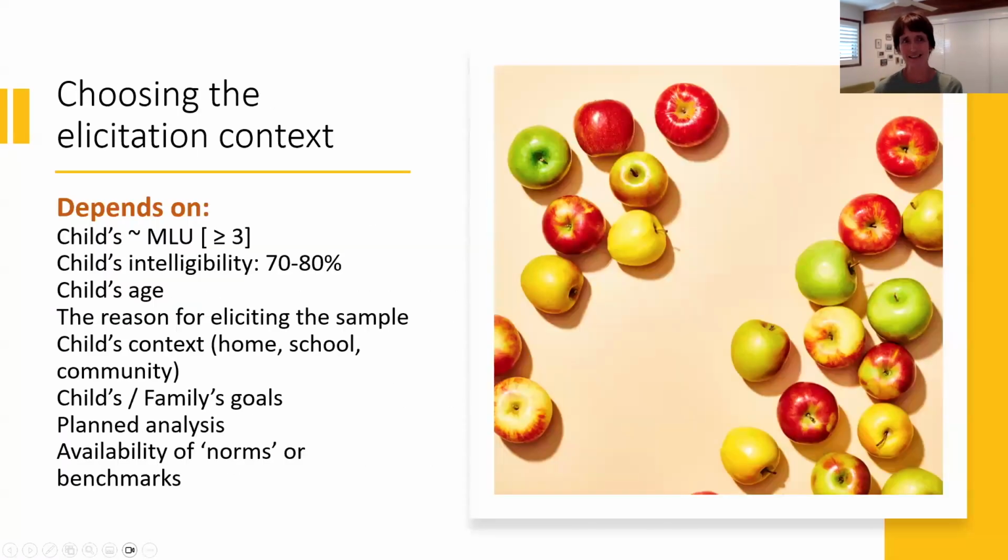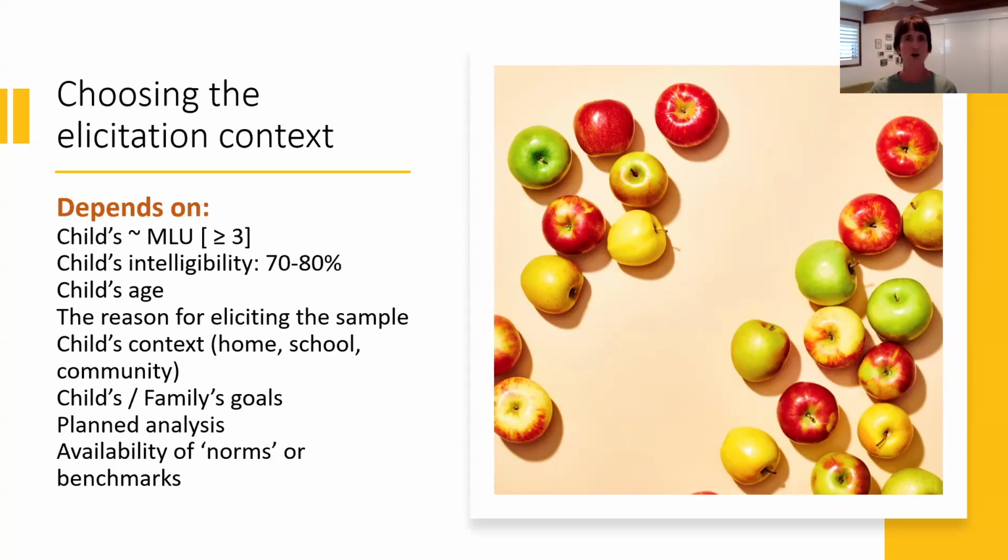So then, if we had to choose the elicitation context, because we want to choose wisely, right? We don't have a lot of time. As I said before, it really depends on the child's intelligibility. It has to be over 70 or 80%. And the child's mean length of utterance. If the child speaks in very short sentences, you can do online transcription of what the child is saying.